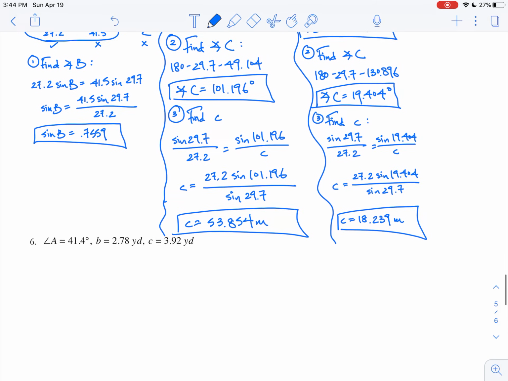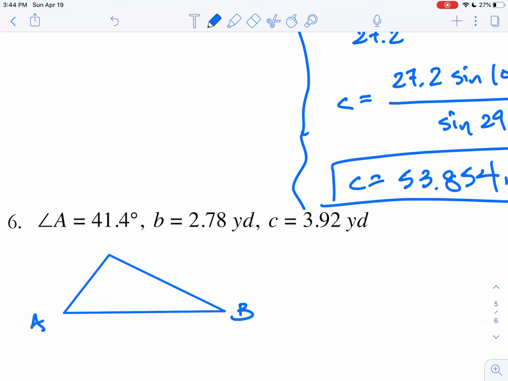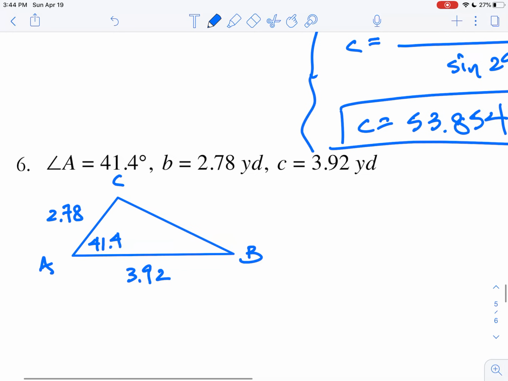All right, let's take a look at this last example here. Let's get our triangle going. A and B and C. Okay.